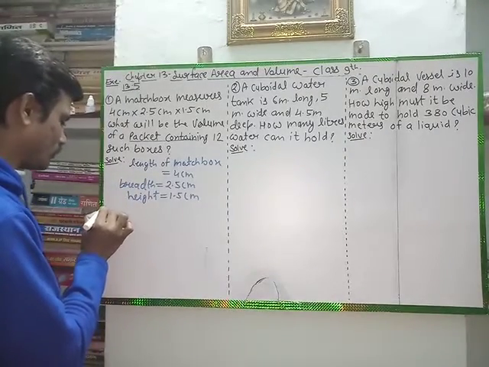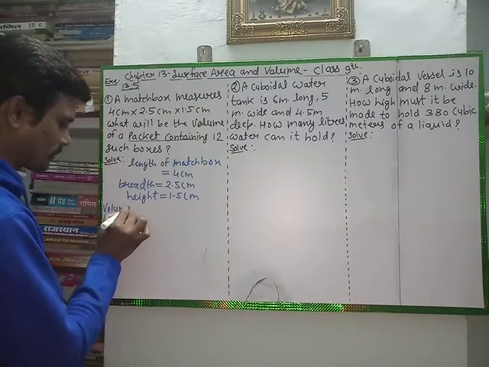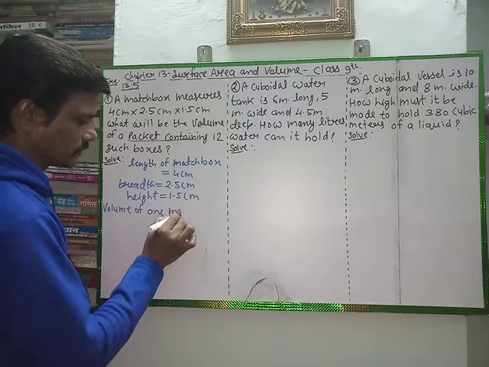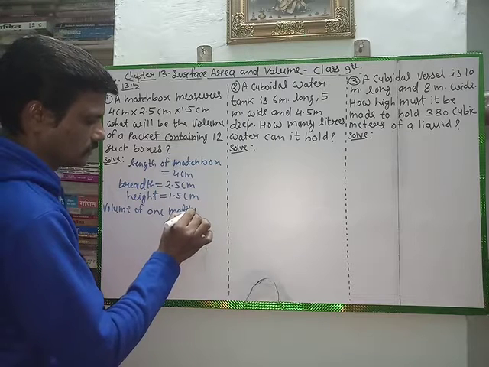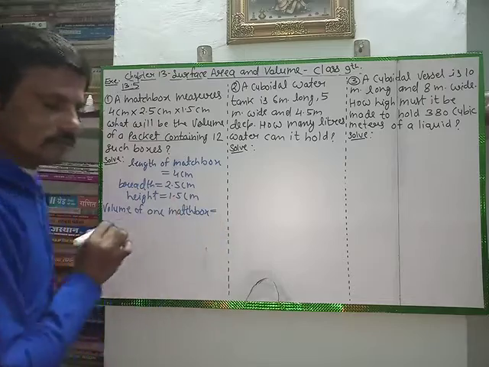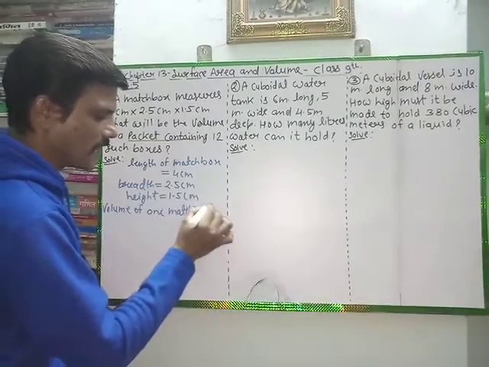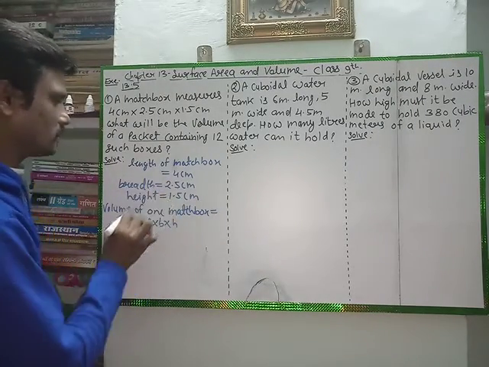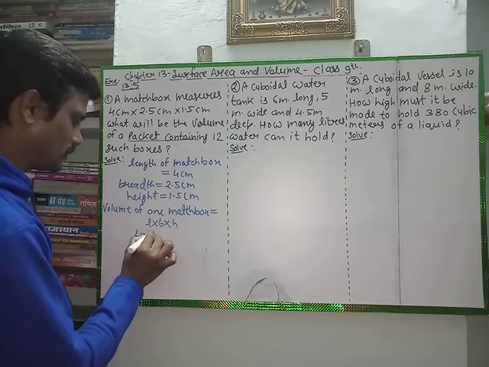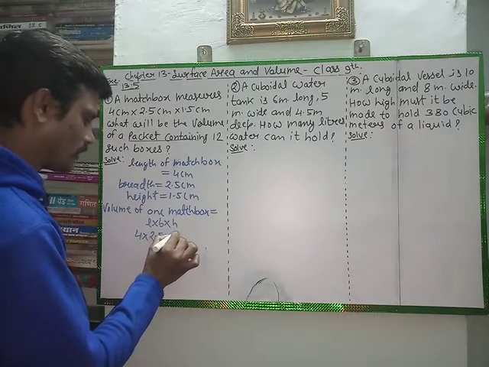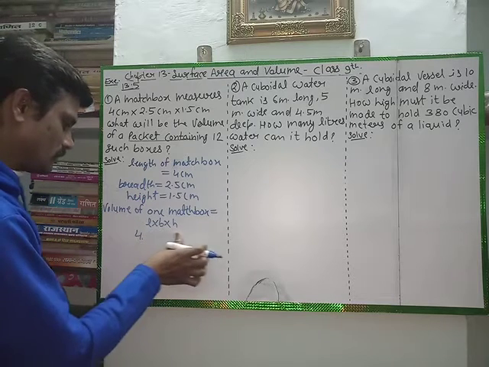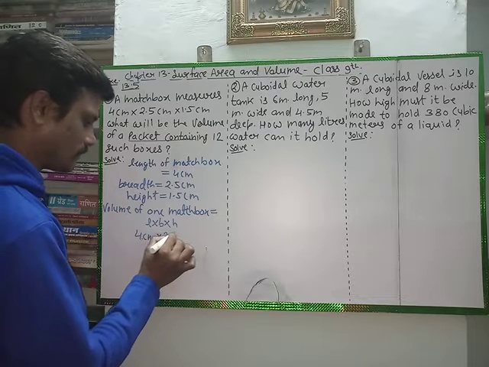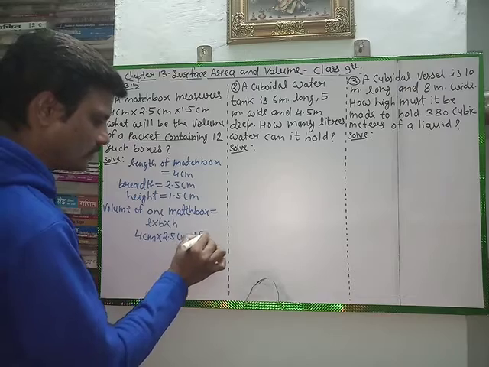So the volume of one matchbox is equal to, we know the volume of cuboid, L cross B cross H, means 4 multiply with 2.5 multiply with 1.5, or you can write 4 centimeter multiply with 2.5 centimeter multiply with 1.5 centimeter.